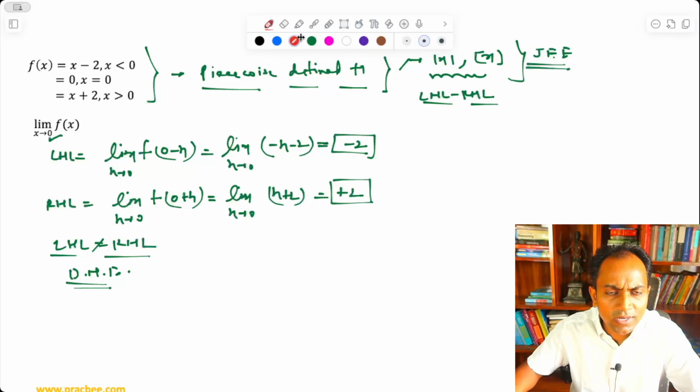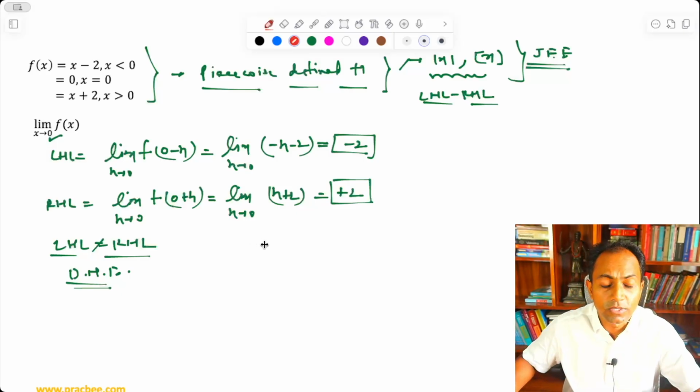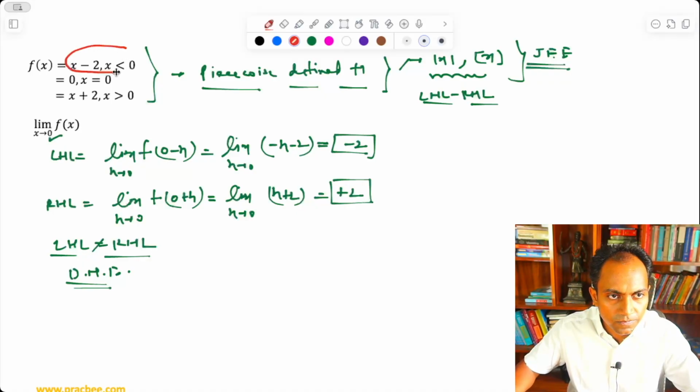Now see, you do not need to always do it in such a systematic manner, especially if you are not doing it for board exams or school exams. For those, it is a good approach. But if you are not doing it for schools or any kind of subjective exam, it would be easier if you use a shortcut. So what is the shortcut? If you are looking at LHL at 0, take this portion here. Be very attentive. Take this portion here, put x equal to 0 here, or whatever value it is talking about.